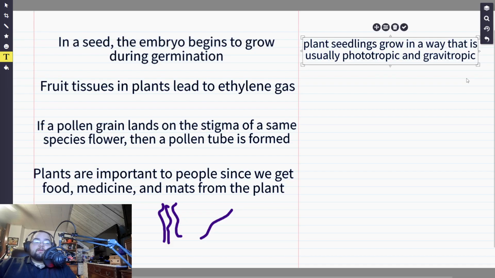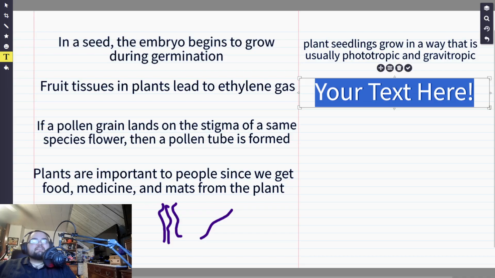And tropic typically means that it's independent. And so the seedlings, when they're very starting, they don't need gravity and they don't need light to get started. It helps out, it definitely does, but it's not necessary when it starts to plant up more majorly. See, I got 3 more.